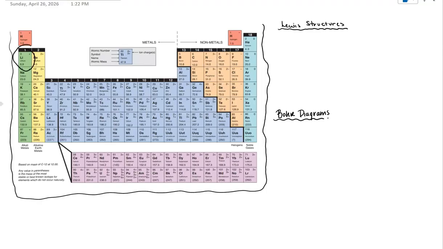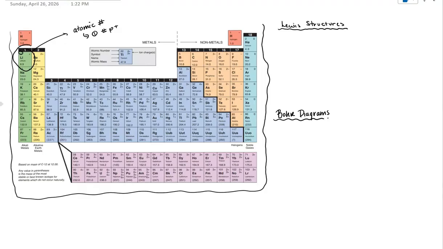So if we take a look at our legend here, that's included, we can tell that our number 3 up here refers to the atomic number. And the atomic number is really useful because it tells us 2 pieces of important information. Number 1, the number of protons.